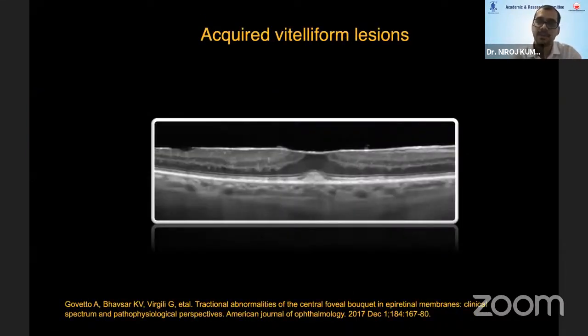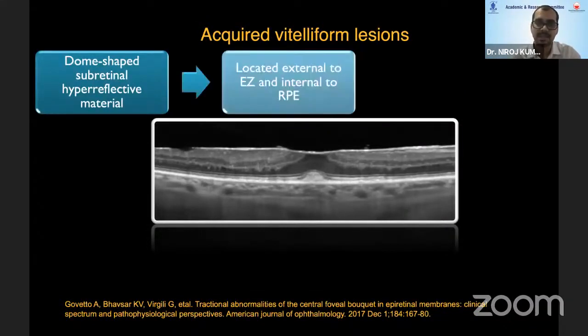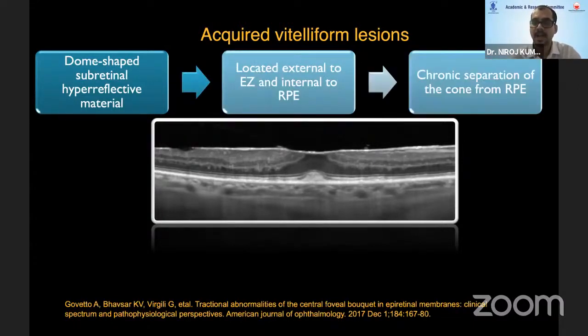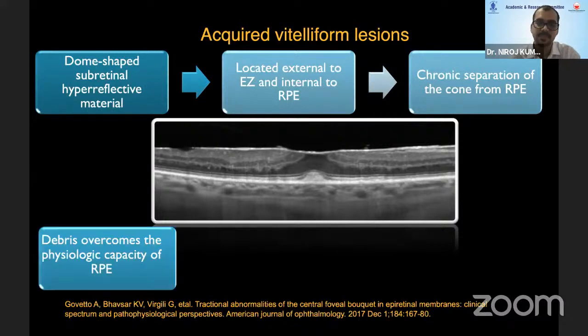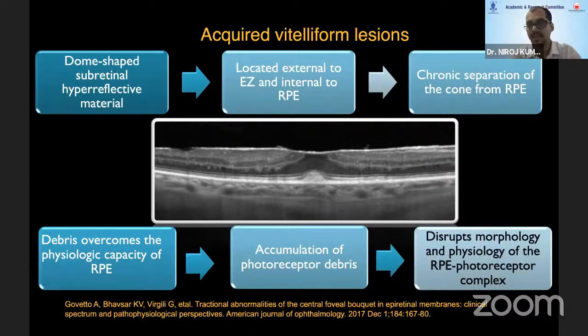Next comes the acquired vitelliform lesion. These are dome-shaped hyperreflective material in the subretinal space that extends from the ellipsoid zone to the RPE. And again, it is due to the chronic separation of the cone from the RPE. So when the debris gets accumulated and overcomes the physiological capacity of the RPE to pump it back, it results in accumulation, and this material can result in disruption of the morphology and physiology of the RPE photoreceptor complex.